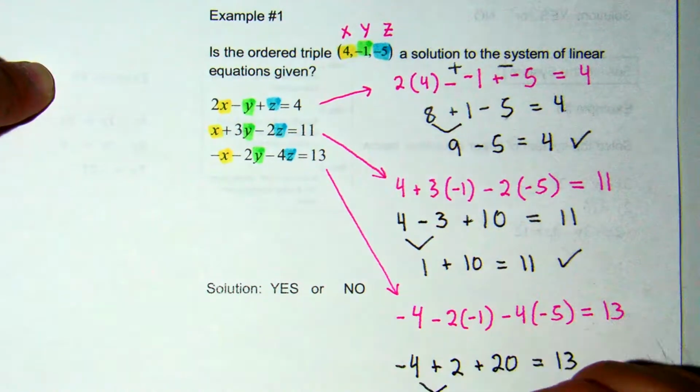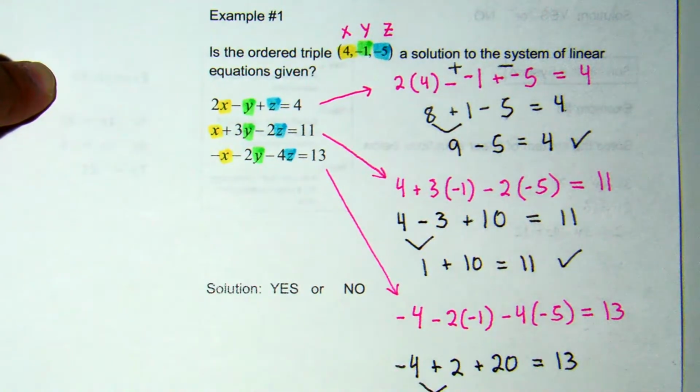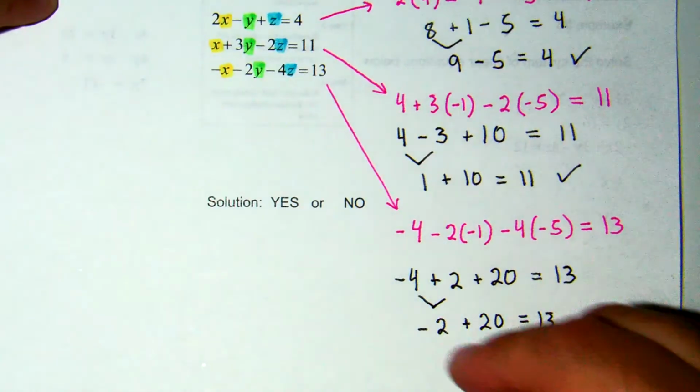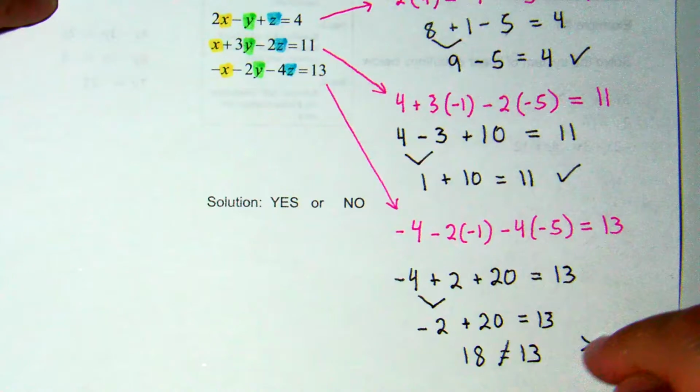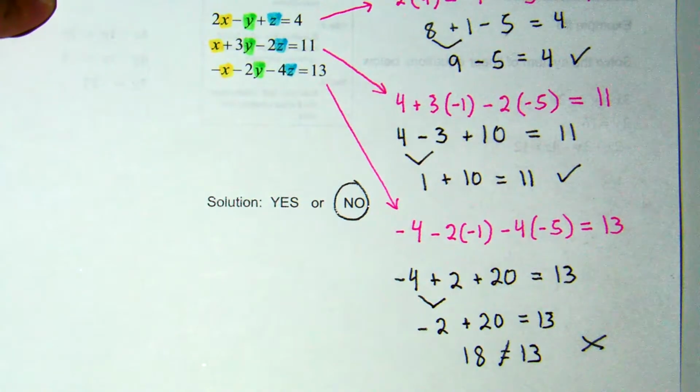So we get negative 2 here, plus 20, and does that equal 13? Definitely it doesn't. So what we get is positive 18 equals 13. This is not a true statement. And so we can conclude at the end that the ordered triple 4, negative 1, negative 5 is not a solution to the system.